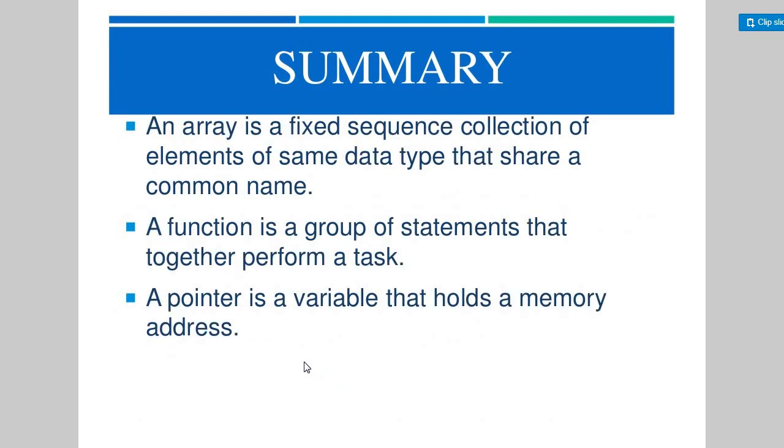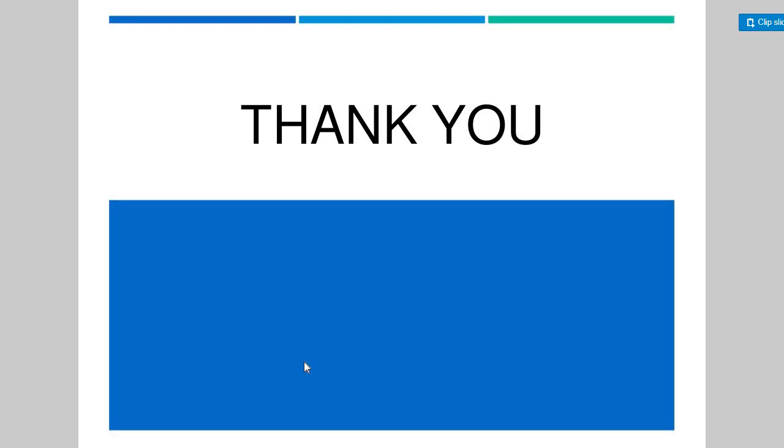An array is a fixed sequence collection of elements of the same data type which share a common name. A function is a group of statements or block of program that together perform some specific task. A pointer is a variable which holds the memory address of another variable. So these are the basic data types in C and C++.